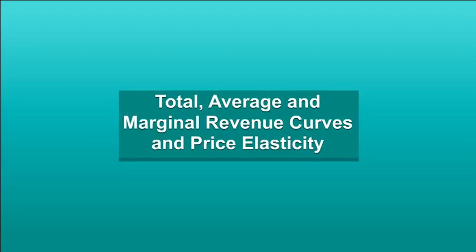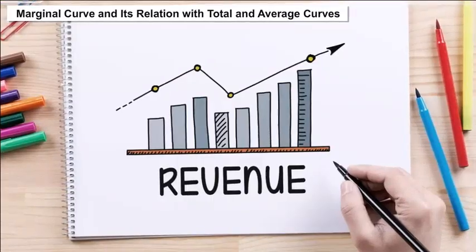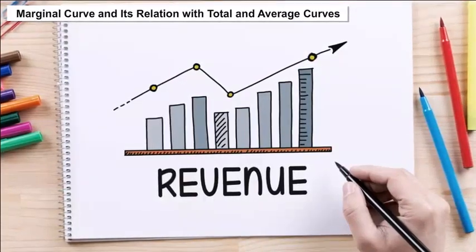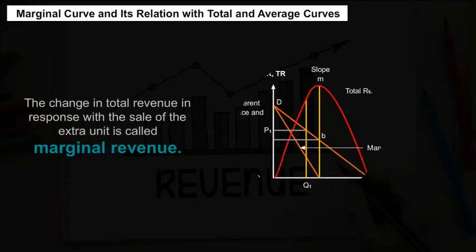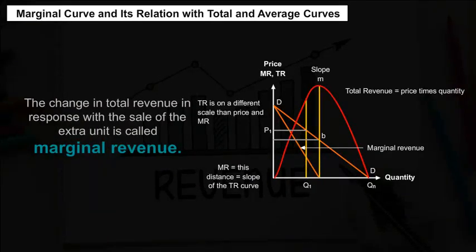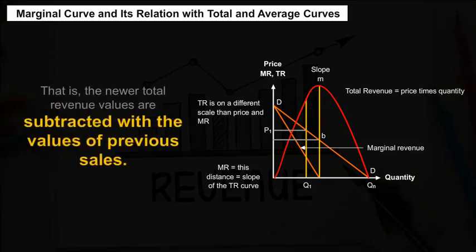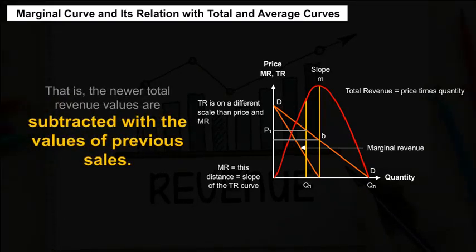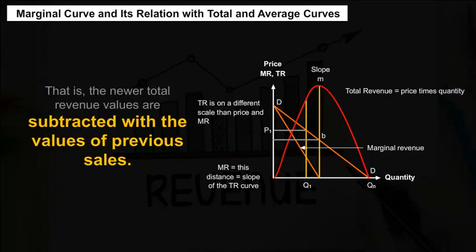Total, average and marginal revenue curves and price elasticity, marginal curve and its relation with total and average curves. The change in total revenue in response to the sale of an extra unit is called marginal revenue. That is, the newer total revenue values are subtracted from the values of previous sales.